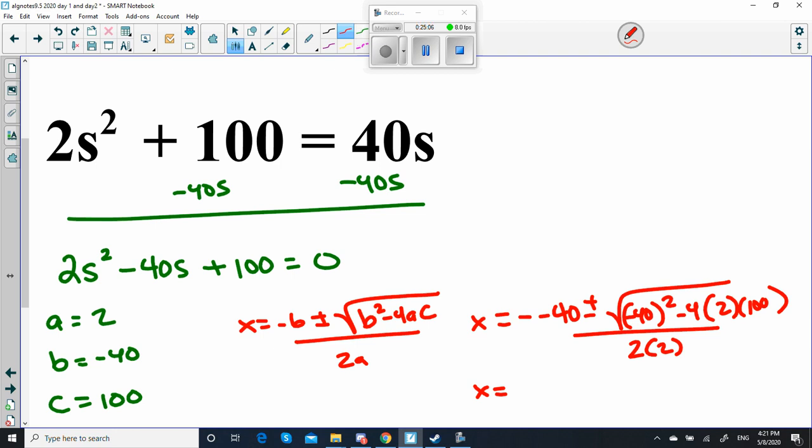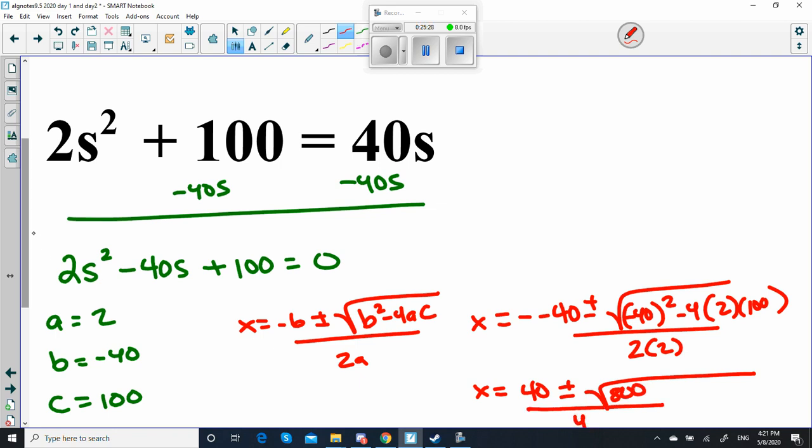Okay, so negative negative 40 is 40. And now let's figure out what the discriminant is. Use your calculator: negative 40 squared minus 4 times 2 times 100. That gives me 800 over 4.